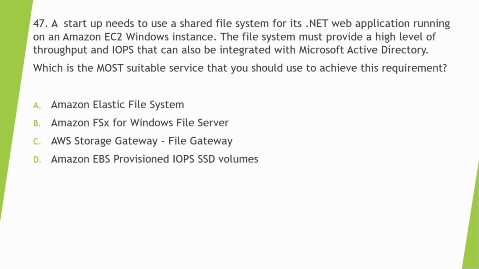AWS Storage Gateway, file gateway. Why is this incorrect? Although it can be used as a shared file system for Windows, and it can also be integrated with Active Directory, when you compare the higher level of throughput and IOPS, FSx is far better.